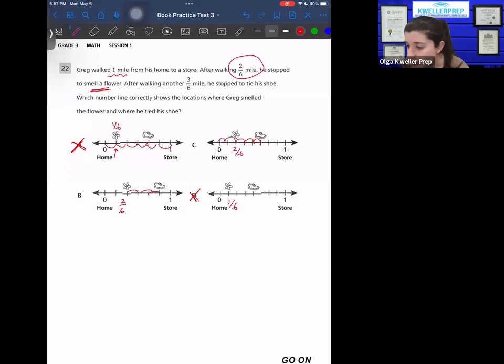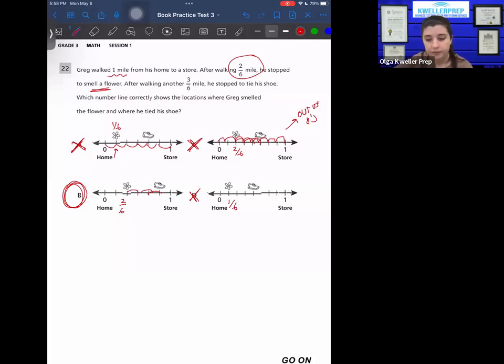Well, here we have 1, 2, 3, 4, 5, 6, 7, 8. So they almost tricked me. So this is out of 8s, right? So cannot be C either. And then the best answer is choice B. And be really, really careful not to fall for that trick because I almost fell for it, right? Because it looks like it's in the right position, but it's not because this is out of 8, not out of 6. So B is the correct answer.